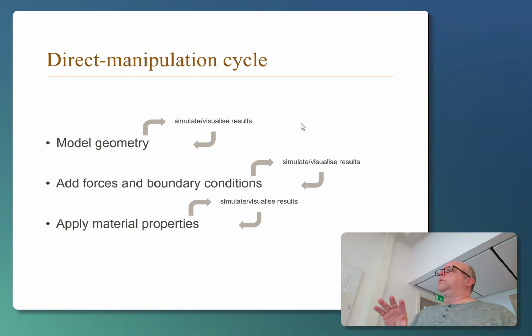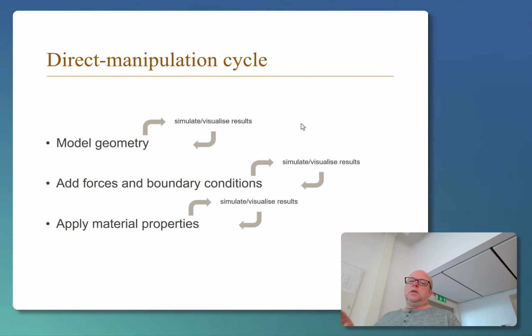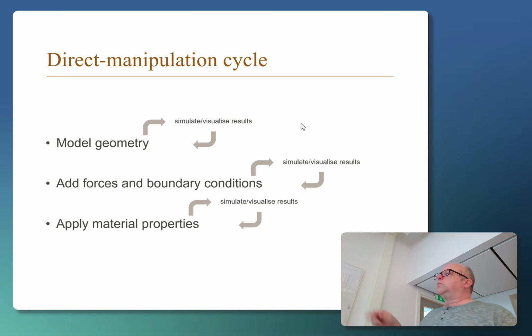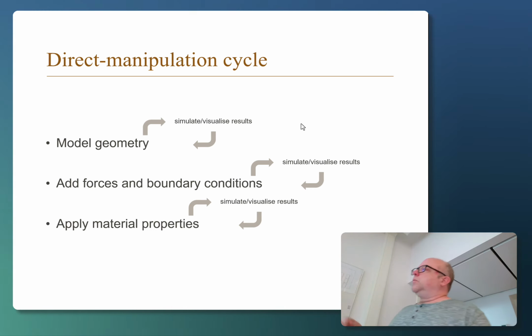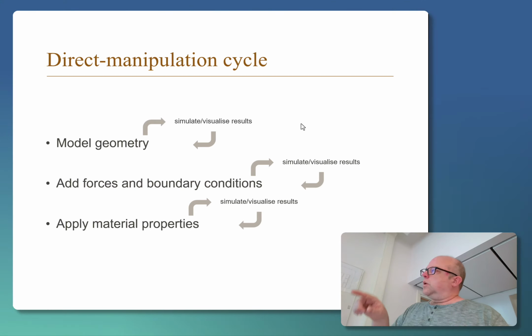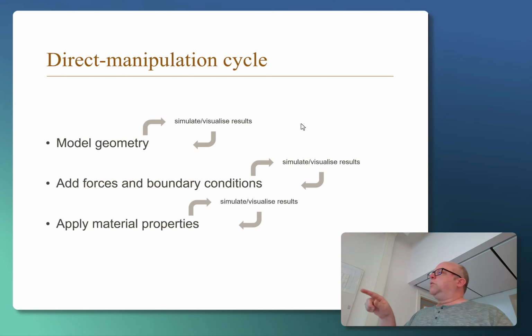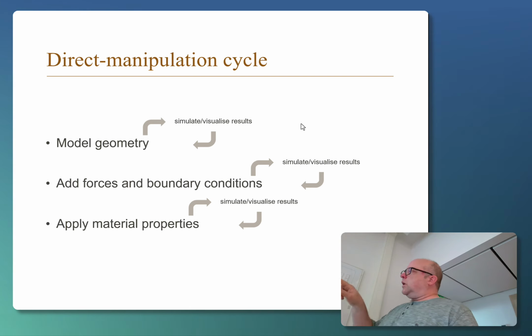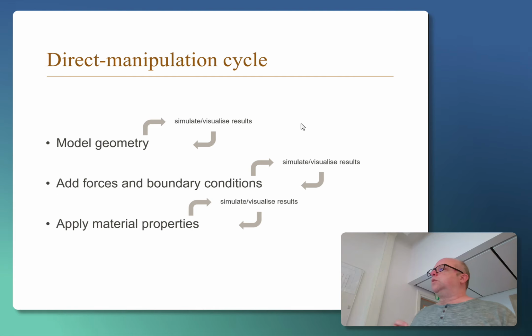And so to implement this, we have divided up the simulation cycle into different smaller cycles. When you work with a geometry, you simulate and visualize results all the time, and then when adding force, you have the same kind of small loop that does all the steps at the same time.